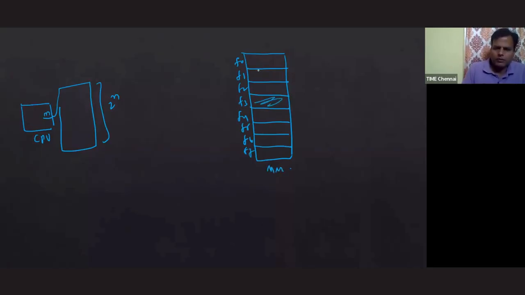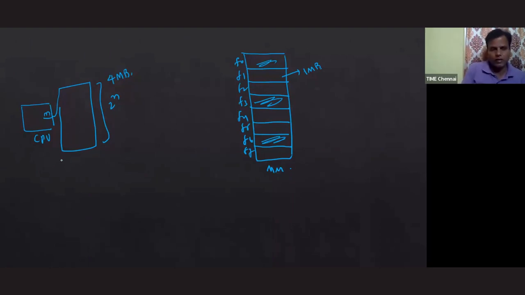Assume that some processes are already inside the main memory and have captured some frames. Let's assume all the frames are of equal size, and one frame size equals 1 MB. I am taking this process size as 4 MB. Is it possible for you to keep this process inside the main memory?